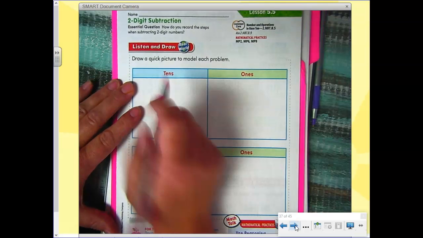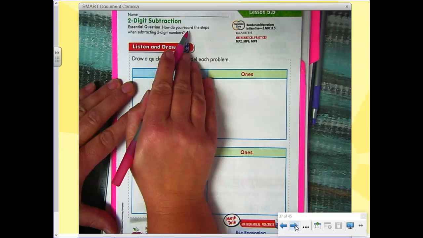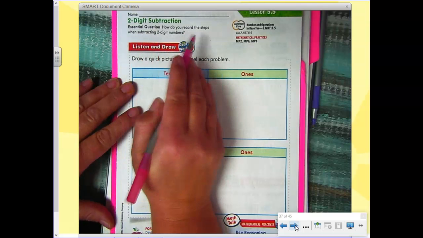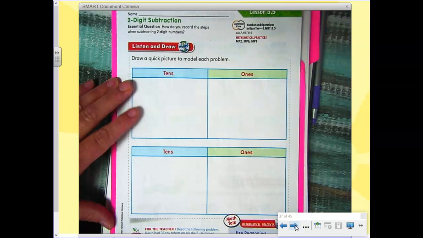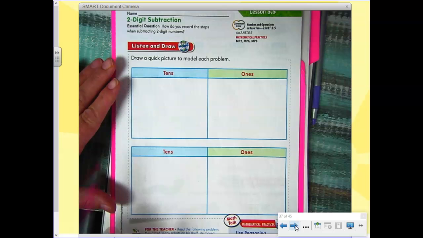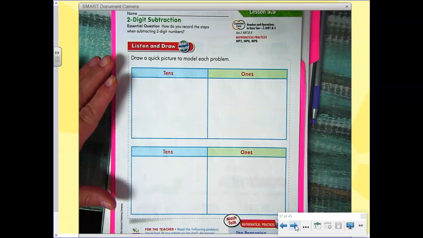It says, how do you record the steps when subtracting 2-digit numbers? That's what we're going to focus on doing first. All right, first we're going to do 2 problems where you listen and draw. So listen carefully, and then we're going to draw some pictures.